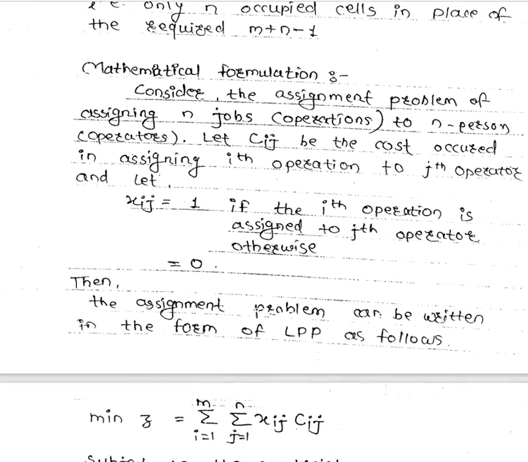Now we will see the mathematical formulation of the assignment problem. Consider the assignment problem of assigning n job operations to n person operators. So let us consider n jobs and n persons, or operators.